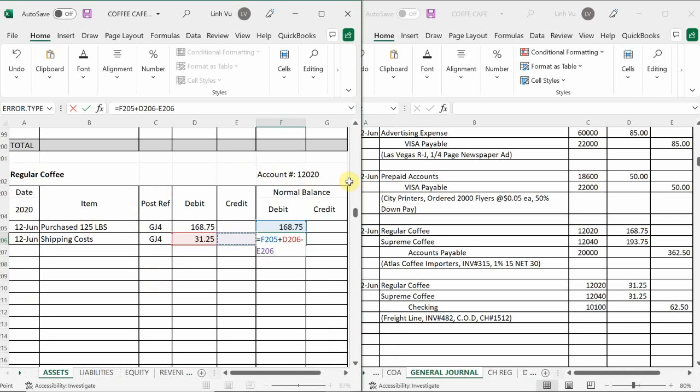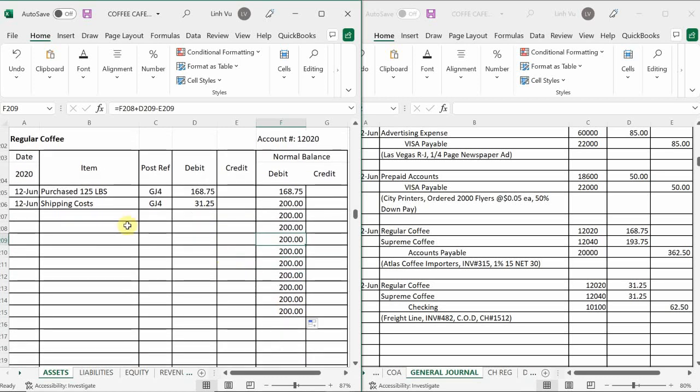Enter. And that will give me a total of $200 in my regular coffee account. I'm going to drag this formula down, so every time I enter a debit or a credit, it will adjust my accounts accordingly.